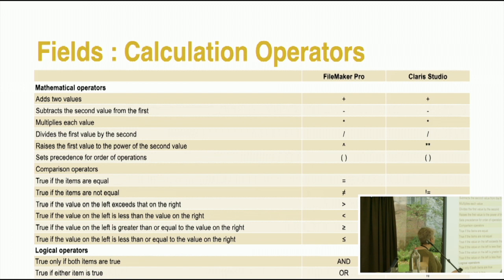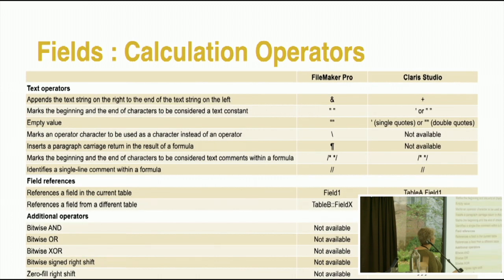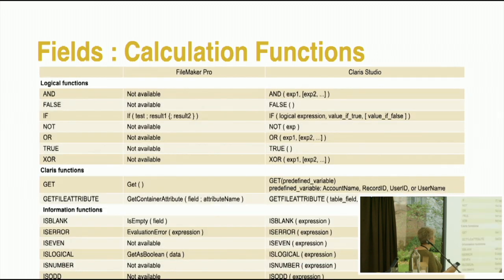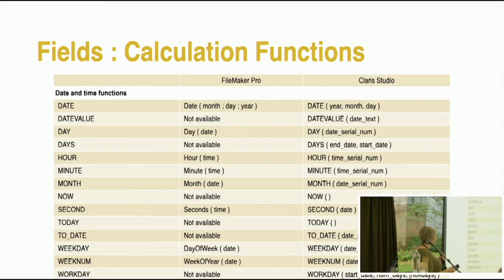So that's the 2 pages on operators, and here you have the functions, the correspondence between FileMaker and Studio, but some do not exist in FileMaker, and you have them just in Studio. There are a lot, actually.